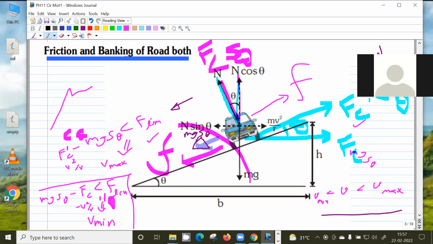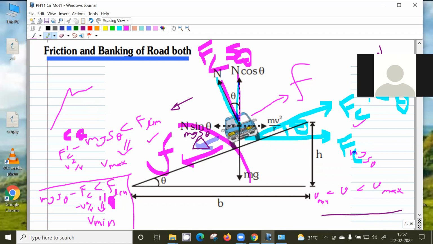So the limiting friction force will depend on the normal reaction, and the normal reaction is also variable depending on the angle. The weight component is also changing. So both the weight component and the FC component will contribute to the normal reaction. So normal reaction is mg cos theta minus FC sin theta.